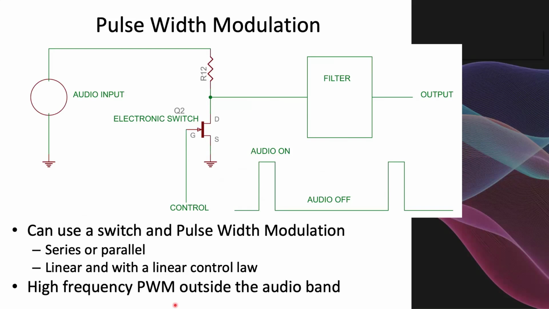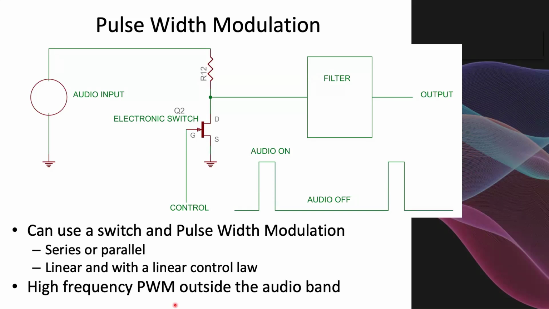It was done by people like Dave Hill from Hillsong, and you can do it either with a series switch, which I haven't shown, or a parallel switch. And essentially you can have a linear controller. It's a very consistent controller, and you can also make it with a log controller if you want to.